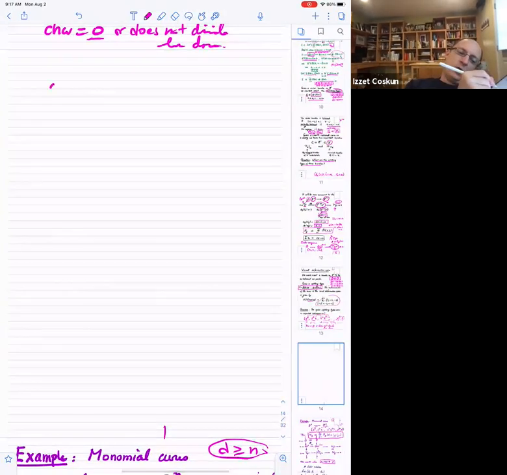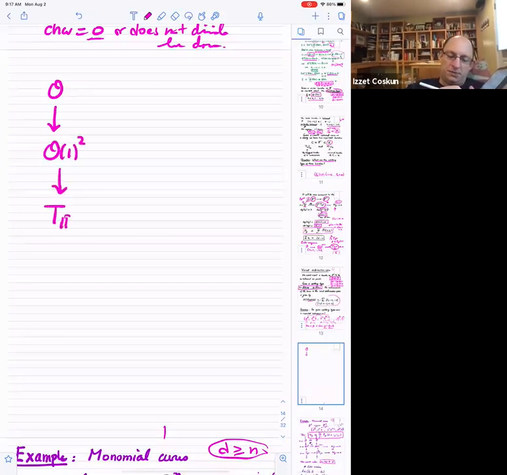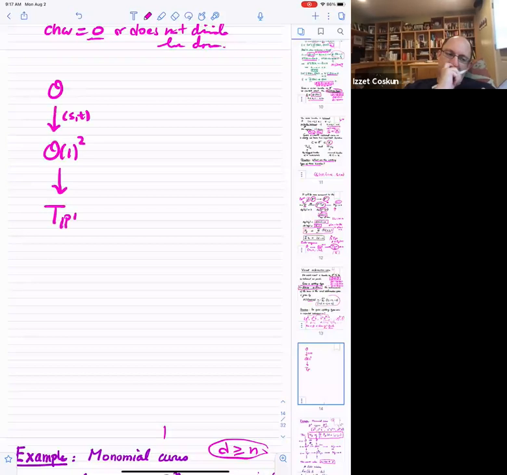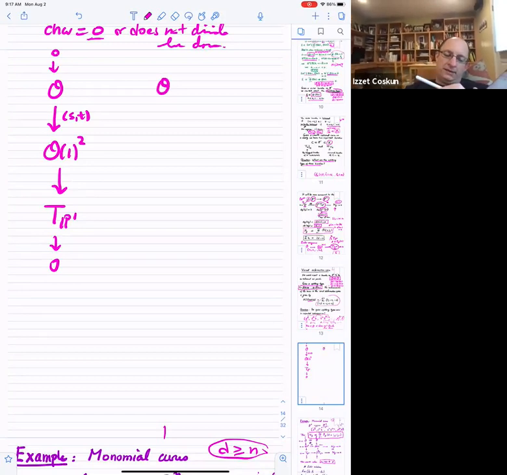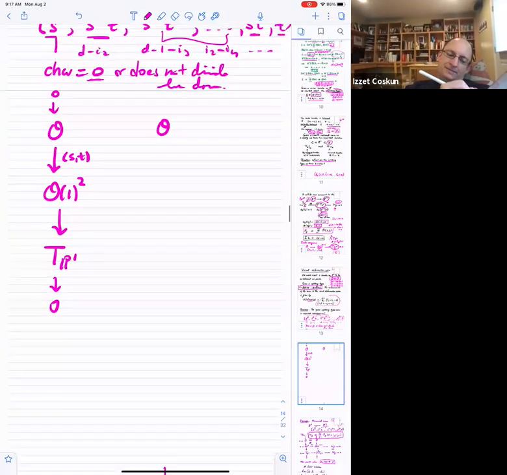We first have the Euler sequence for the tangent bundle of P1, given by the matrix with s and t. So this is the Euler sequence for the tangent bundle of P1. And the other thing that you can do is you have the Euler sequence for the tangent bundle of Pn, and you can pull it back.